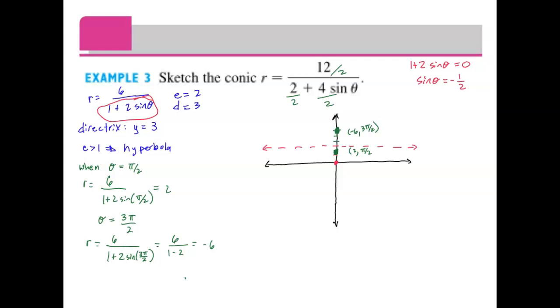The values of theta that will make sine -1/2 come from one of two triangles, either 30, 60, 90 or 45, 45, 90. The only one that will actually produce a ratio of 1/2 is a 30, 60, 90.